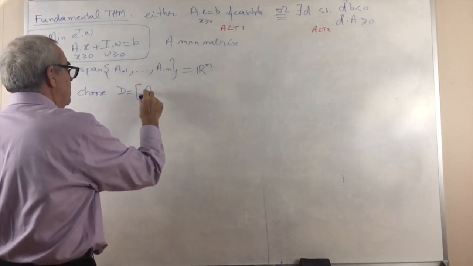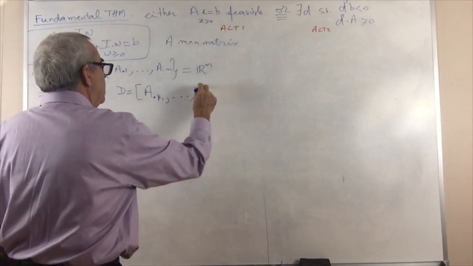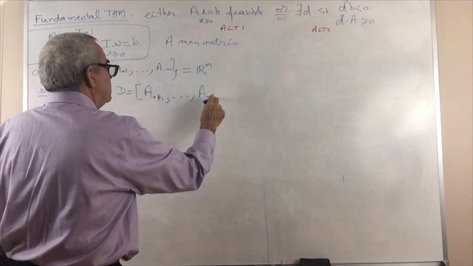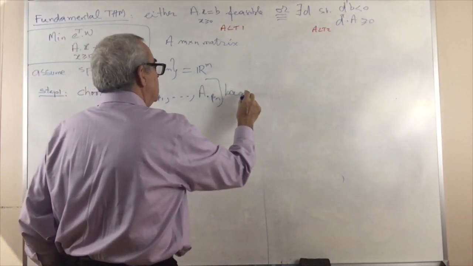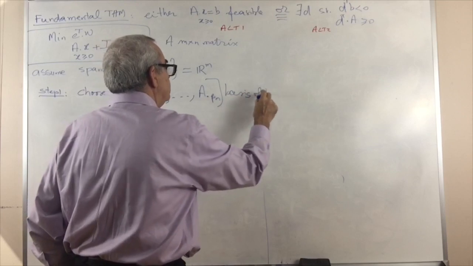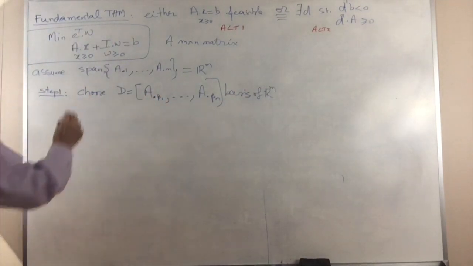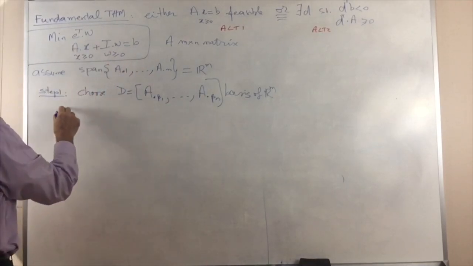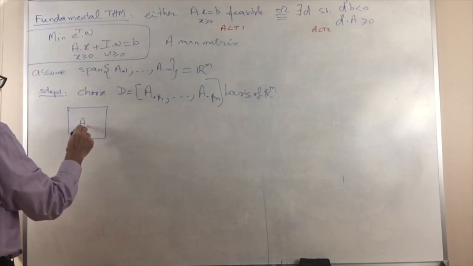I'm going to call it A dot beta 1, etc., A dot beta m, a basis of Rm. Okay? And then I'm going to write this system like this.